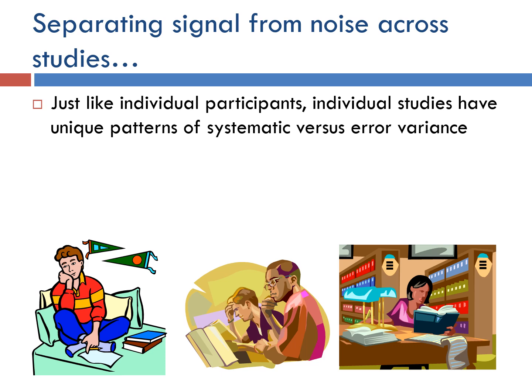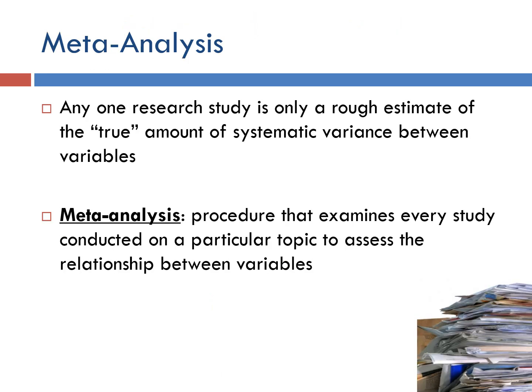We can look at those different kinds of effect sizes to understand the different systematic variation, and then we can do a meta-analysis. A meta-analysis is when you take all of the different studies out there and you do some fancy math to aggregate all of those effect sizes, bring them together. So it's a special procedure that examines every study about a particular topic to assess the relationship between these variables.